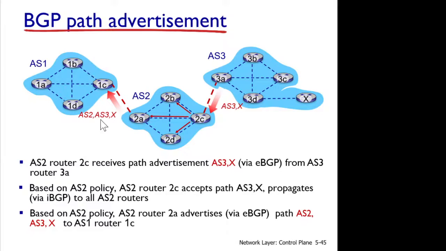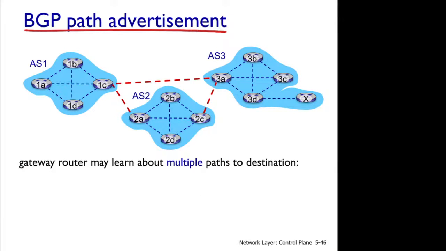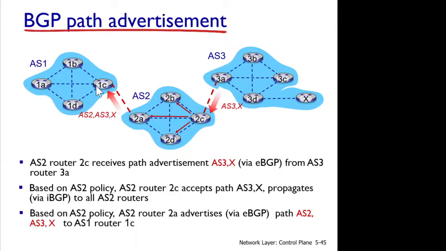So you can see the vector here. It's now communicating that X is available through AS3 first through AS2. So we see that there's two hops, if you like, to get to X. And then that will be communicated within AS1 via iBGP, again policy dependent.